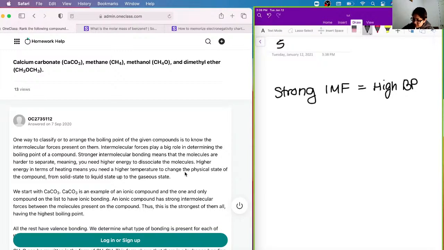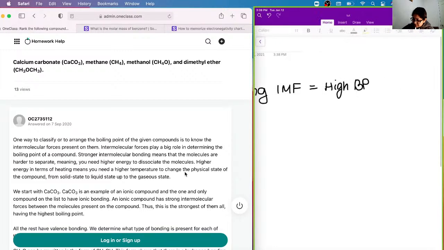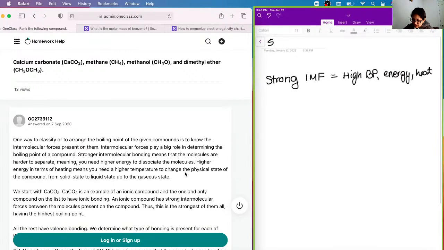High BP, and then you need more energy. So when we're talking about boiling point, we're basically stating a physical change from, let's say, solid to liquid, liquid to a gas, right? And so let's start off with calcium carbonate.